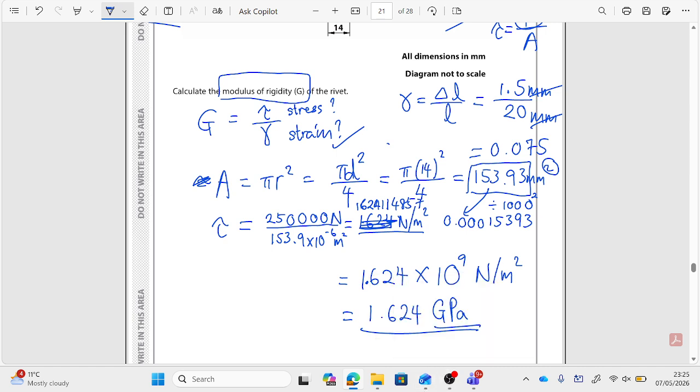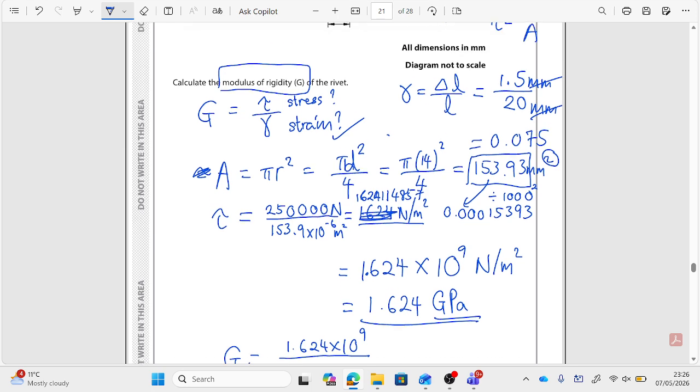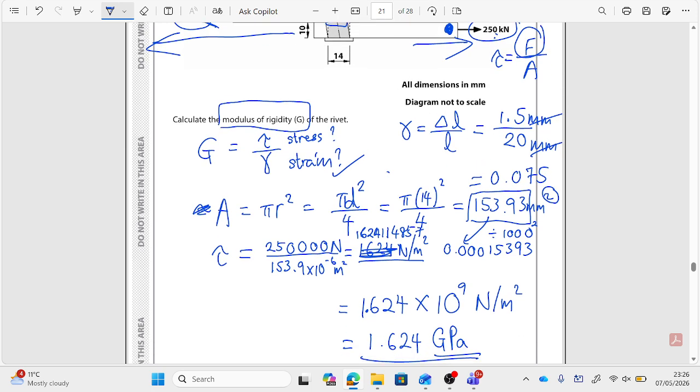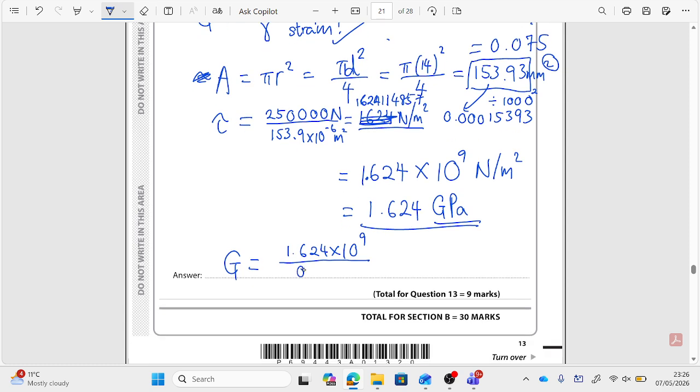And that is the tau answer. To finish this off, G is therefore equal to 1.624 times 10 to the power of 9 divided by the strain, which we got is 0.075.